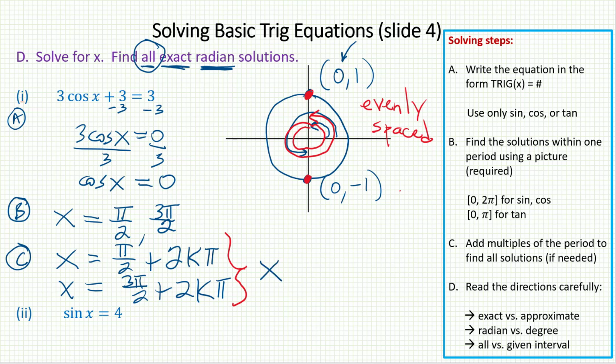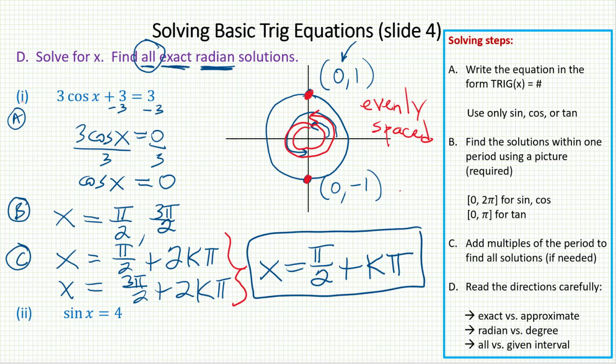I can condense those two lines and simply say, if you just start at pi over 2 and add in not multiples of the whole period, but multiples of pi, that equally spaced amount, you will get every solution. We're always trying to write things as simple as possible, so that's what you're expected to do. When your answers are evenly spaced, your two lines condense into one.